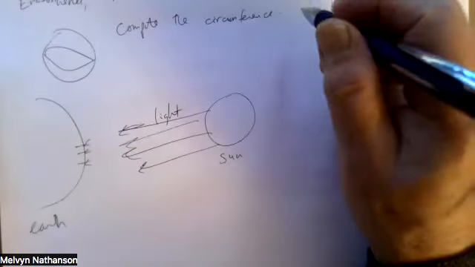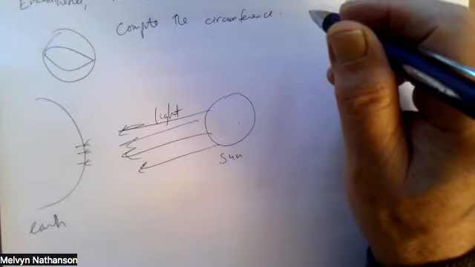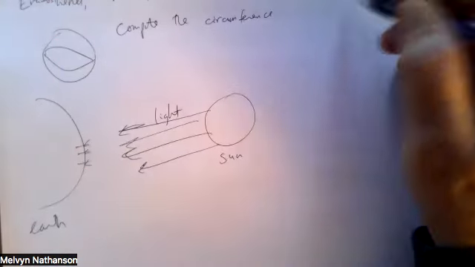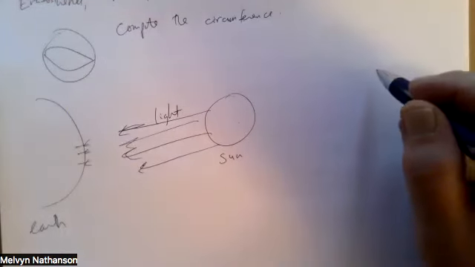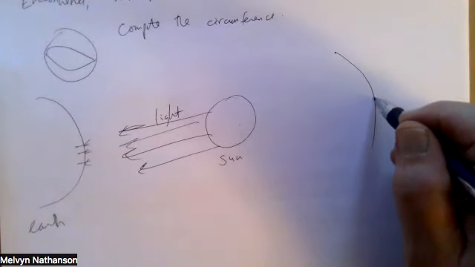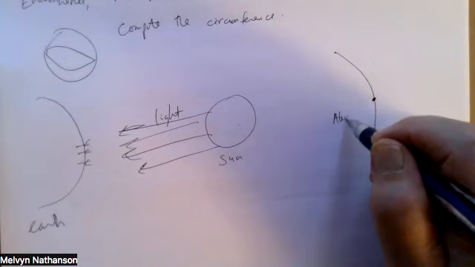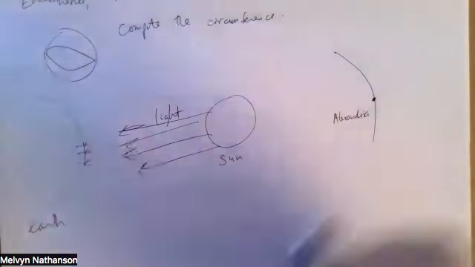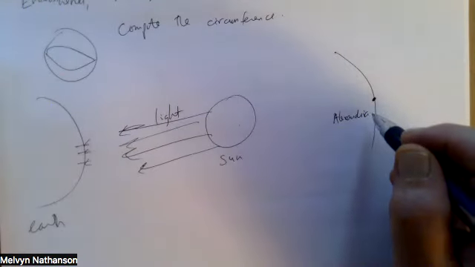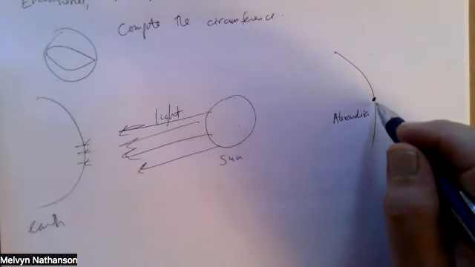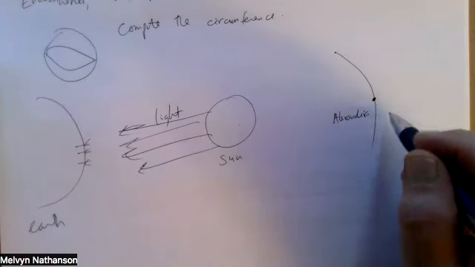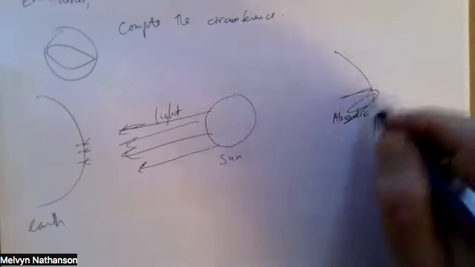So Eratosthenes was Greek, but he lived and worked in Alexandria, Egypt. So somewhere on the Earth is the city of Alexandria. Let me draw this a little bit better.